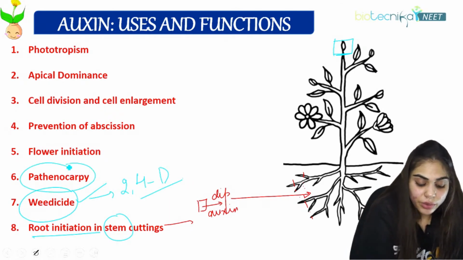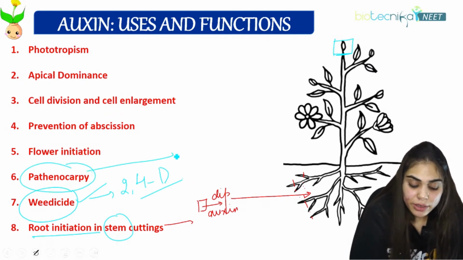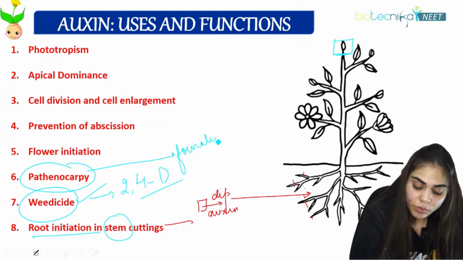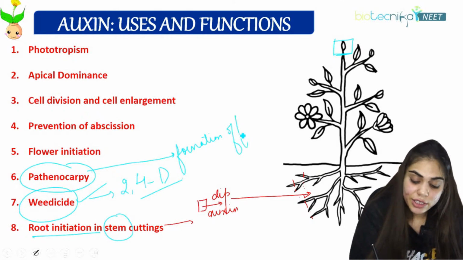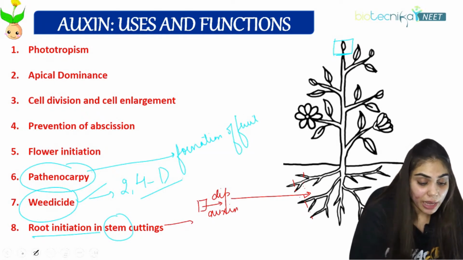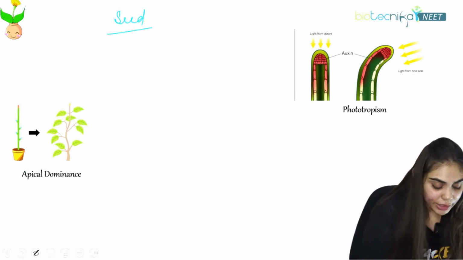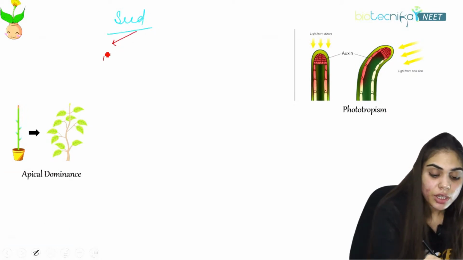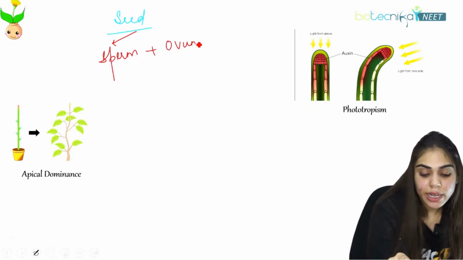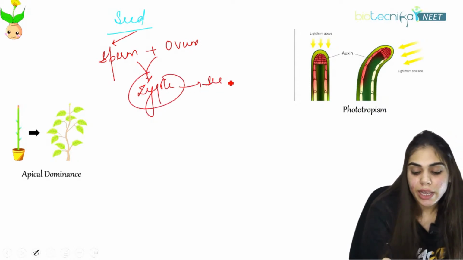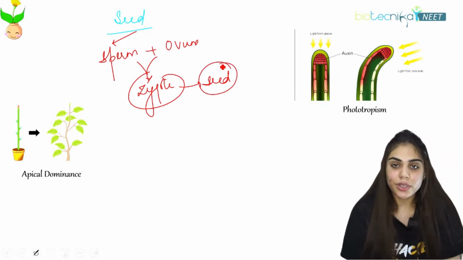What is parthenocarpy? Parthenocarpy is the formation of fruit without fertilization. Actually, the seed or the fruit is normally formed by fertilization. Sperm and ovum are fused and cause the formation of a zygote. It will turn into a seed and result in the formation of fruits and flowers.